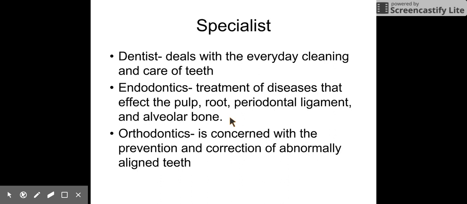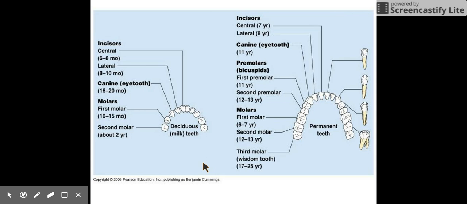So if you have a pulp or a root extraction, oftentimes an endodontist will be called in. And then orthodontics is concerned with prevention and correction of alignment. So if you have some weird things about where your teeth are placed in the jaw or the maxilla, that's where an orthodontist will be called.